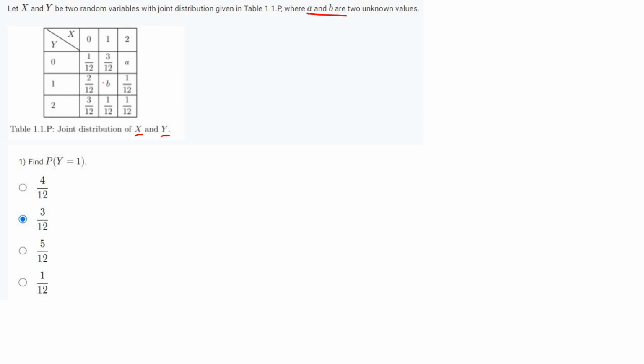We can easily find that by using this relation, which is sigma fxy equal to 1. The sigma fxy is nothing but the summation of all these elements, so that is 1 by 12 plus 3 by 12 plus a plus 2 by 12 plus b plus 1 by 12 plus 3 by 12 plus 1 by 12 plus 1 by 12.